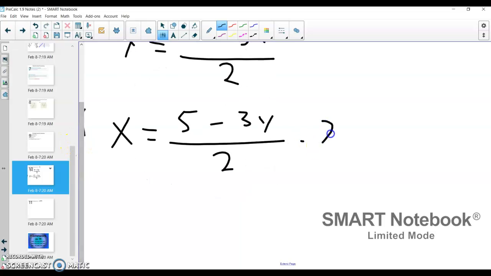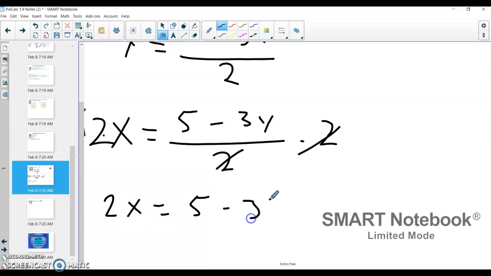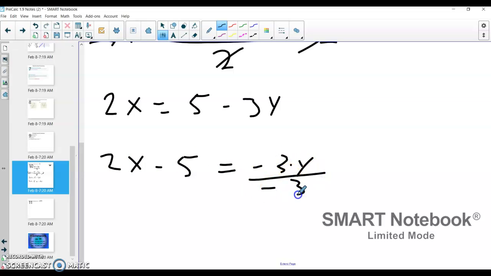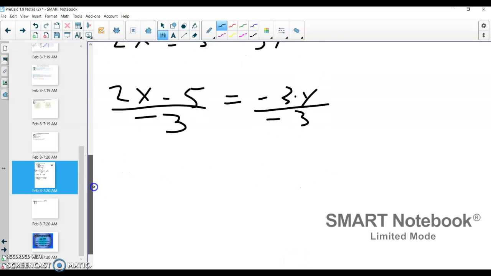Okay, so the first thing I need to do, multiply both sides by 2 so that these cancel out down here. Now I have 2x equals 5 minus 3y. I've got to subtract 5 on both sides, so this is 2x minus 5 equals negative 3y. Divide both sides by negative 3. And I'm going to have my final answer here.